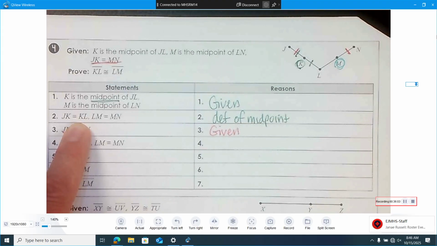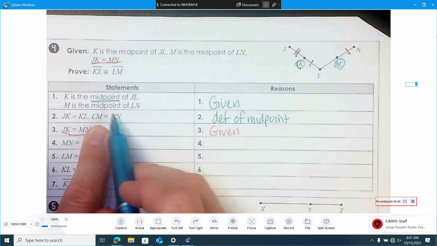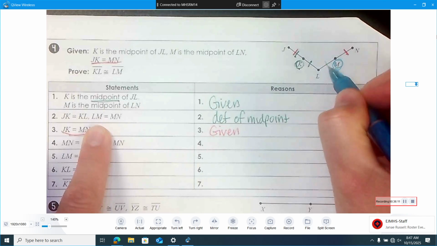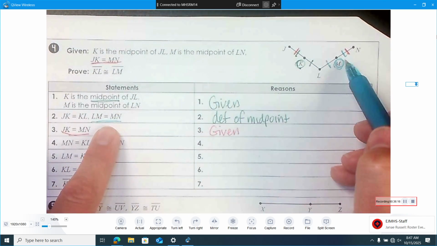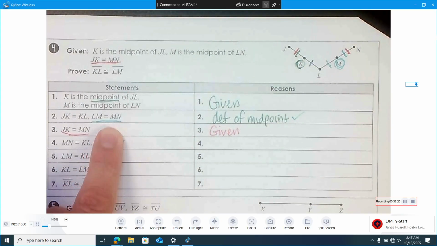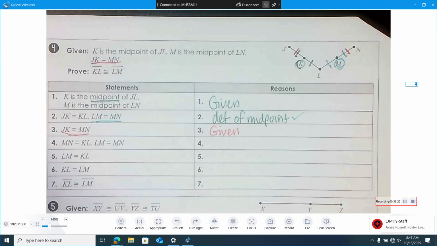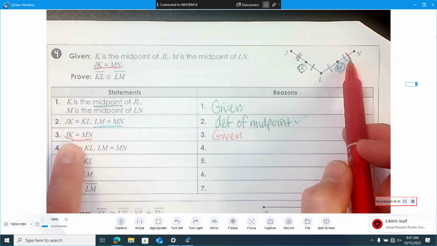Okay, if we said, hey, here's midpoint, what do you know from it? That's the next step. All right, and so again, because M is the midpoint, we also know that LM is congruent to MN. Again, that is definition of midpoint right there. Okay. All right, so then they say in red, JK is congruent to MN. That was given to us.